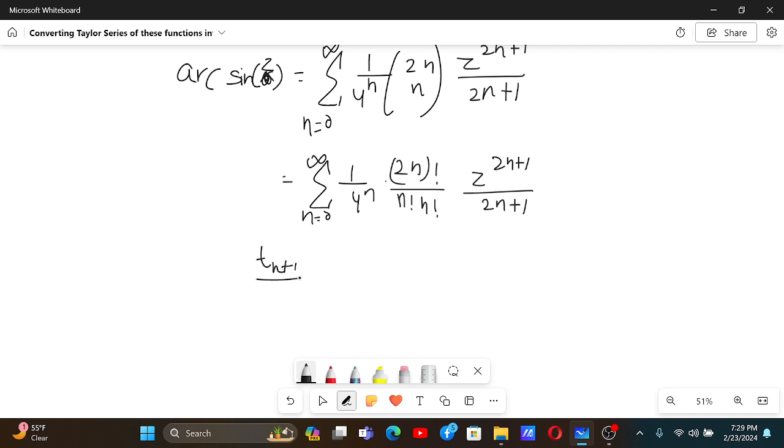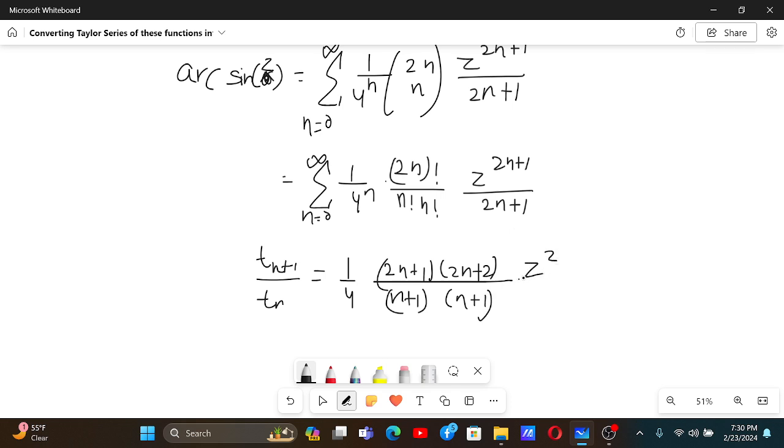T(n+1) by t(n), what will that be? So 1 by 4 first, and then we will have 2n plus 1, 2n plus 2, and then over here we will have n plus 1, n plus 1, and over here z square, and 2n plus 3 by 2n plus 1.